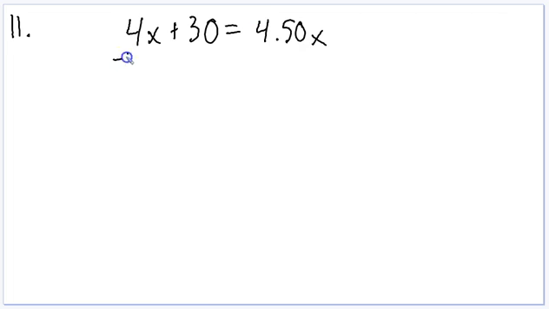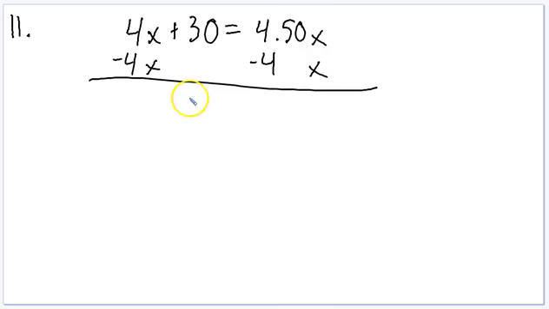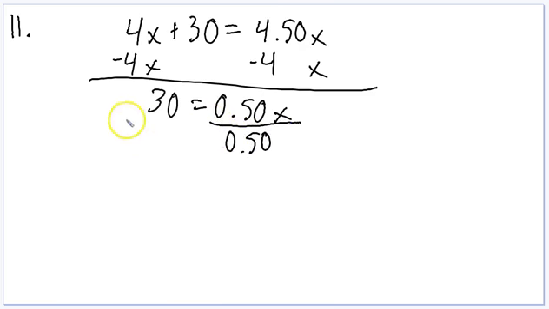So what we're going to do, we're going to subtract this 4x. We're going to get 30 equals 0.50x. Then we're going to divide by 0.50 on both sides.